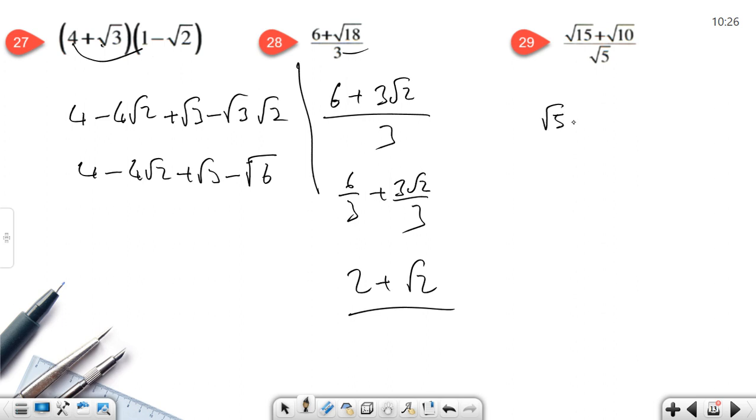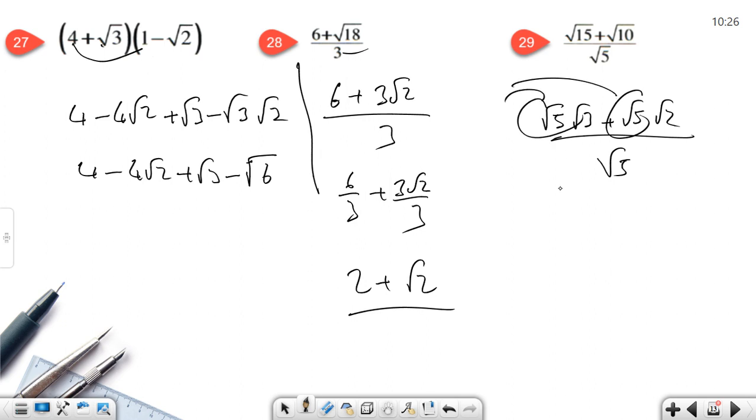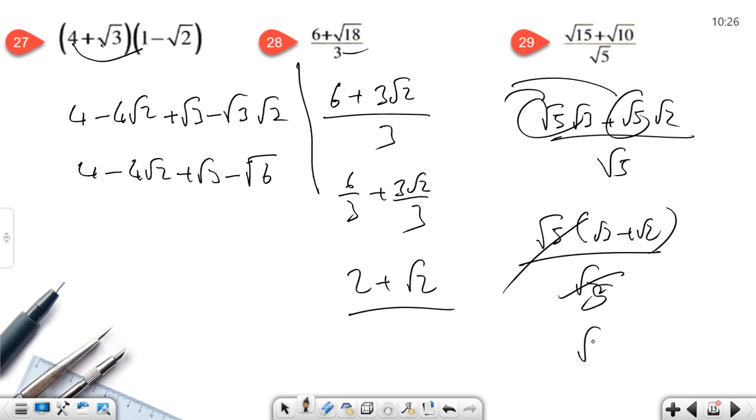Square root of 5 multiplied by square root of 3, plus square root of 5 times square root of 2 over square root of 5. As you see, all of them have 5. You can factorize here by square root of 5. Square root of 5 times square root of 3 plus square root of 2 over square root of 5. That cancels each other. So the answer is square root of 3 plus square root of 2.